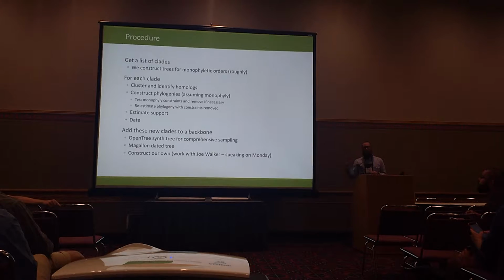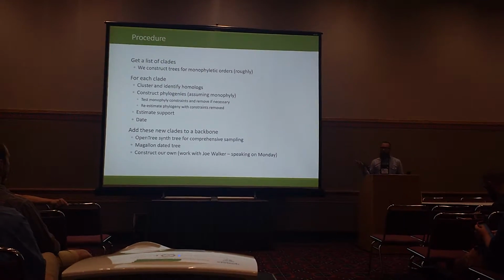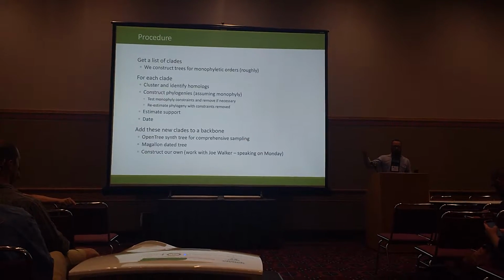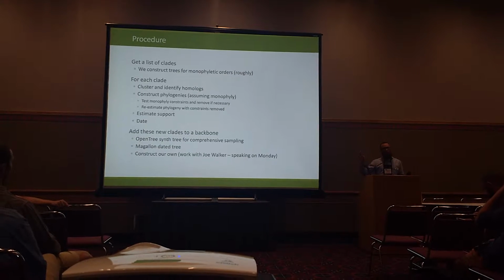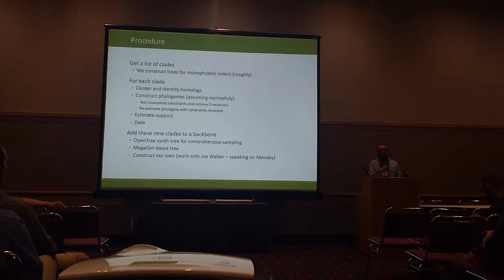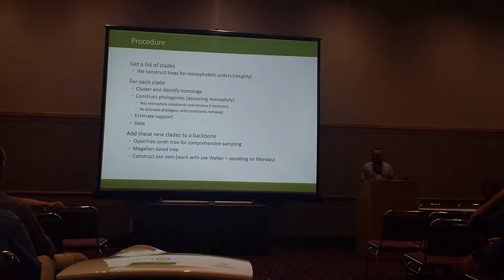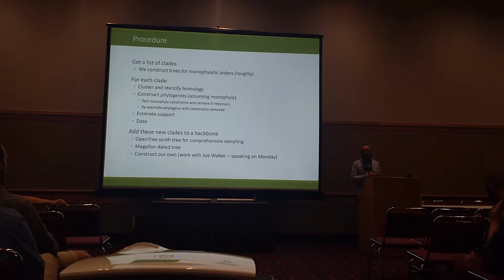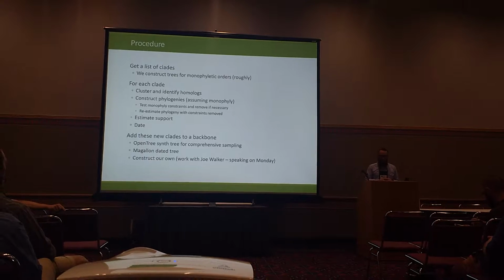Okay, so roughly the procedure goes something like this. We get a list of clades. So in the case of plants, this is pretty easy because the taxonomy and the phylogeny have been pretty well aligned for a while. So I happen to work on plants, but it also happens to be a pretty good test for this.